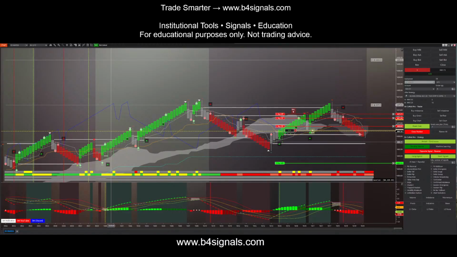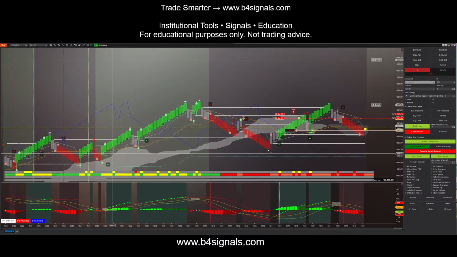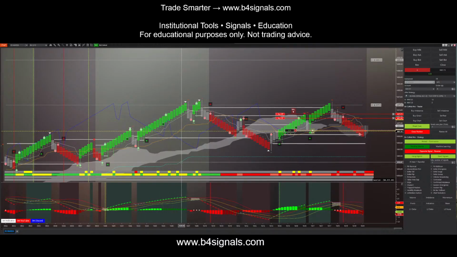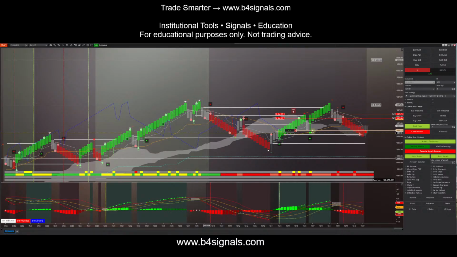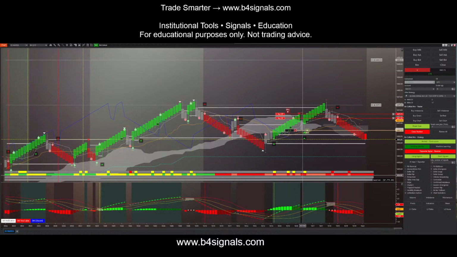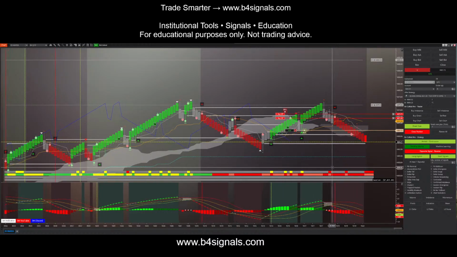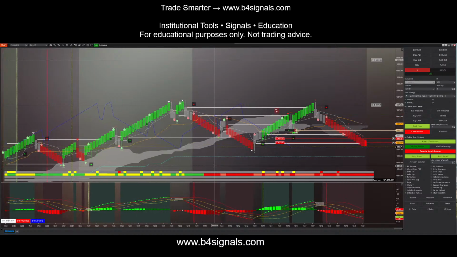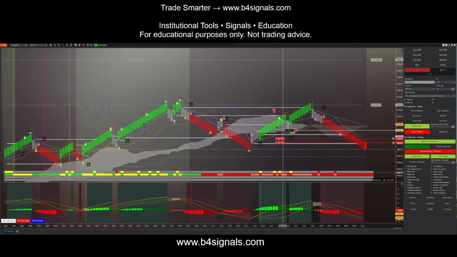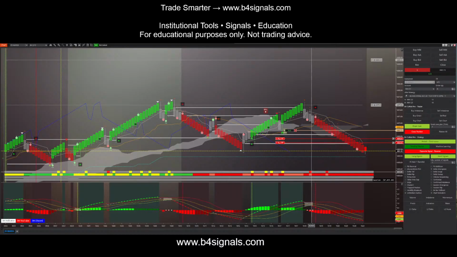Buying at the close of the candle, stop loss at the bottom of the candle. That's a loss. Winner, winner, winner, winner. Break even. Winner, winner, winner, winner, winner, winner. That's just using our footer. It has a very high win rate.